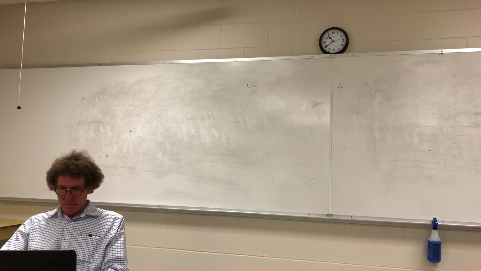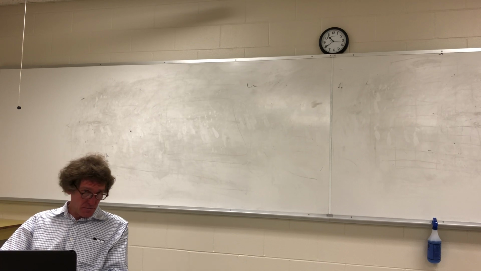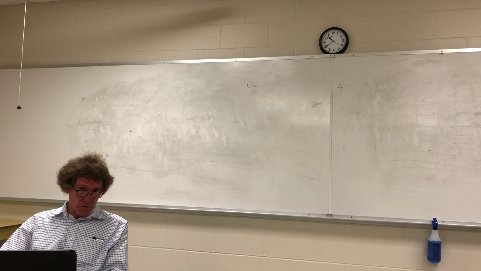Is question E supposed to be the average power received back at the radar? Question E asks for the average power received back at the target? At the radar. Okay, it should be radar. Yeah, that's what I figured.